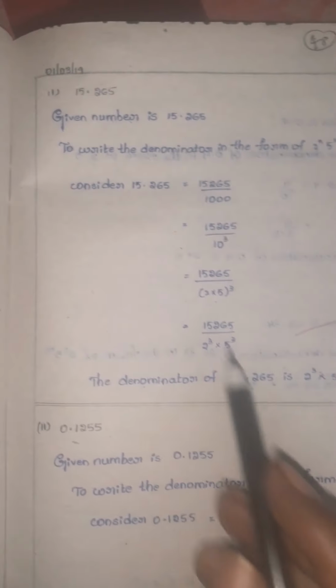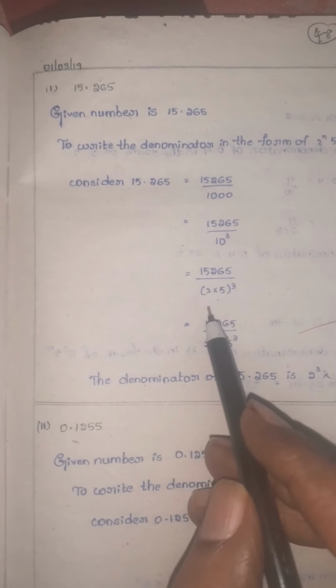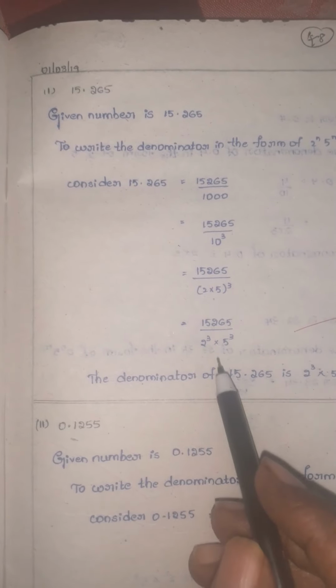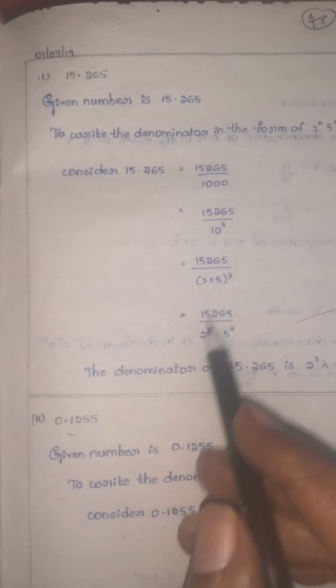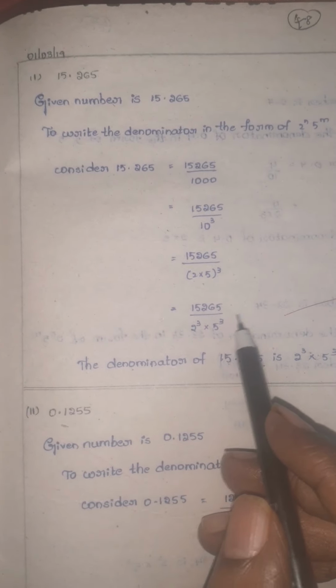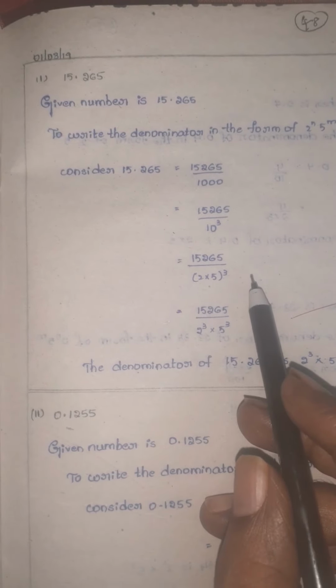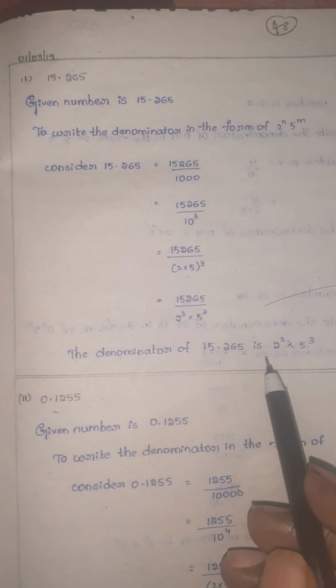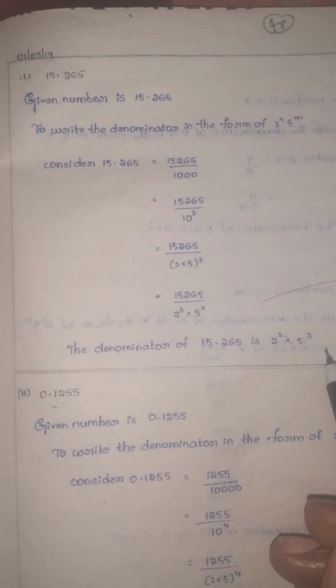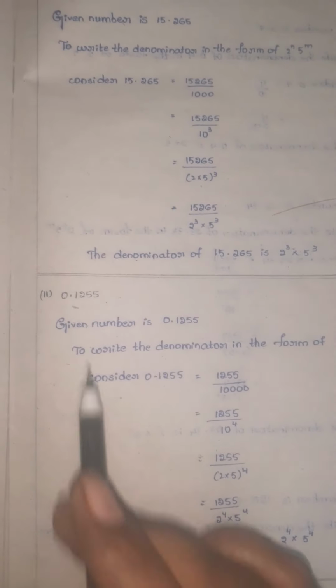Again write numerator as it is. 10 can be written as 2 into 5 whole cube. So in the next step I wrote numerator as it is, denominator can be written as 2 cube into 5 cube. So the denominator of 15.265 is 2 cube into 5 cube. Next, second one.